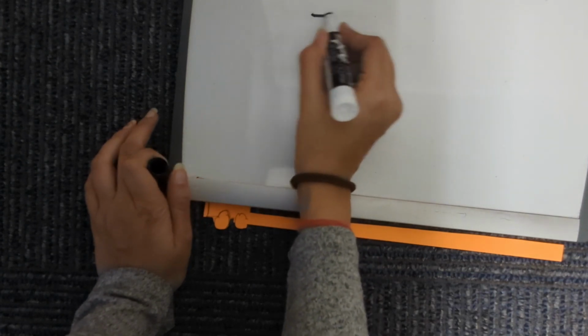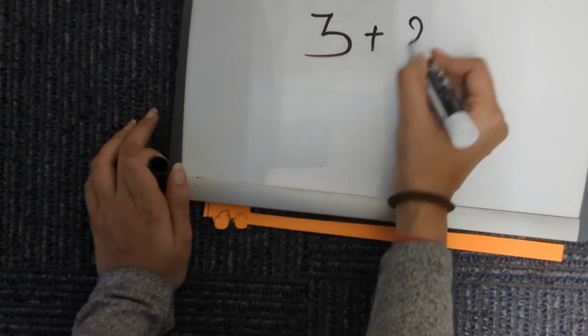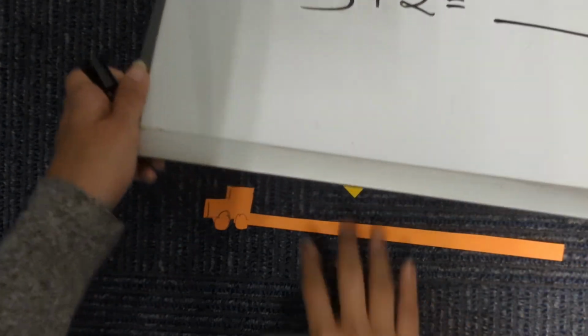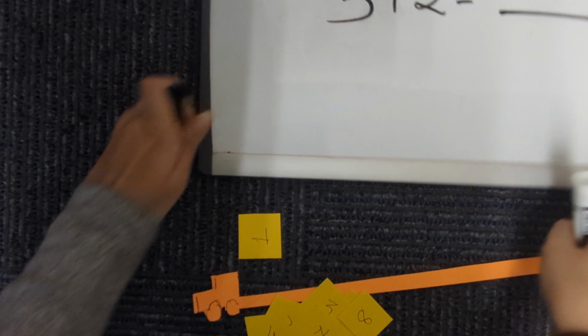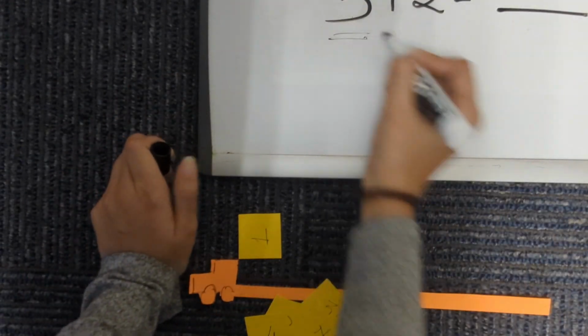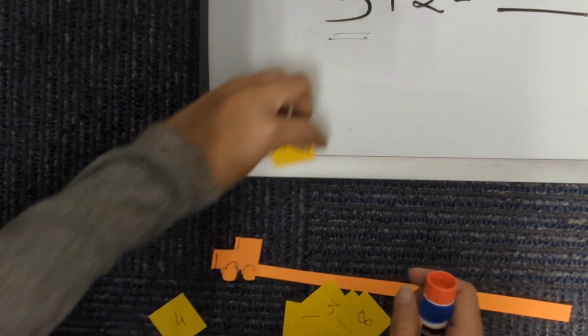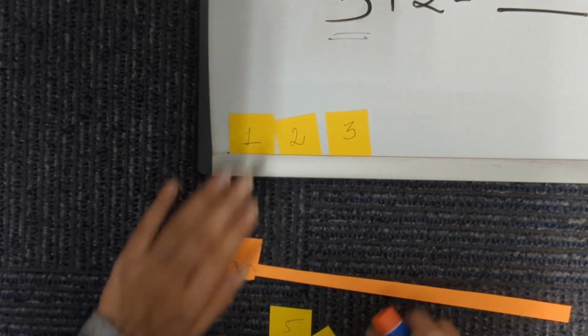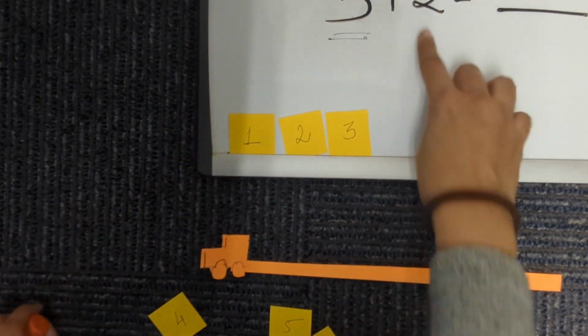Let's just take any two number. Let's take 3 plus 2 is equals to dash. So I will take all my cards outside and start. So what is the very first digit here? It's 3. So I will take 1, 2 and 3 number card, and I will stick this on my compartment. What's the next digit?